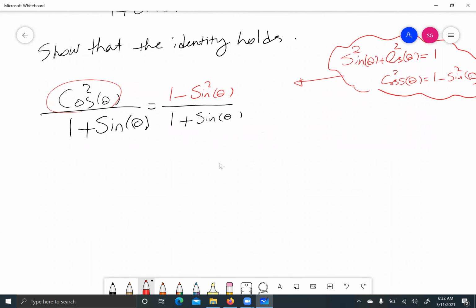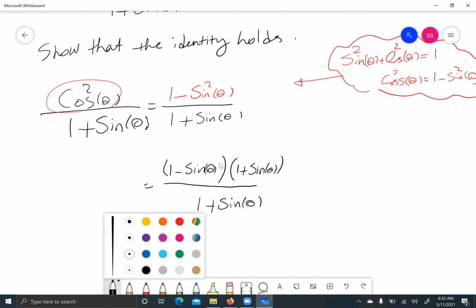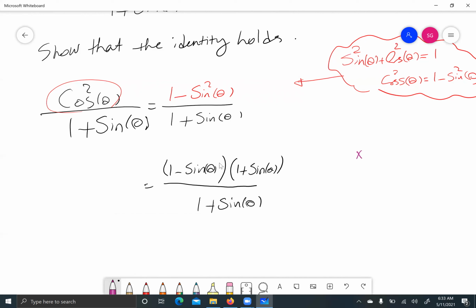But we can still simplify this because the numerator can be factored. 1 minus sine square can be factored as 1 minus sine times 1 plus sine. Here I'm using the algebraic formula, do you remember x square minus y square is x minus y times x plus y?